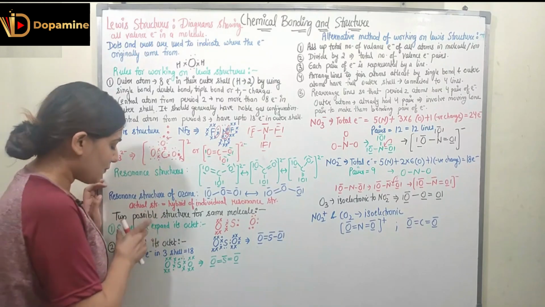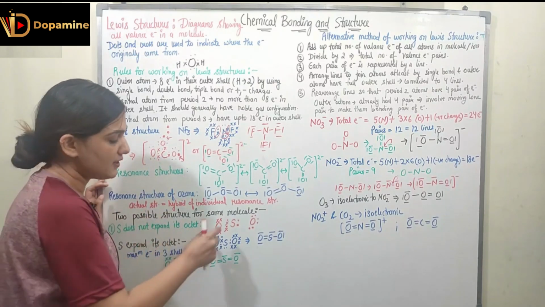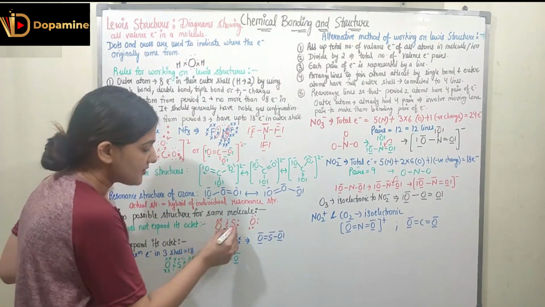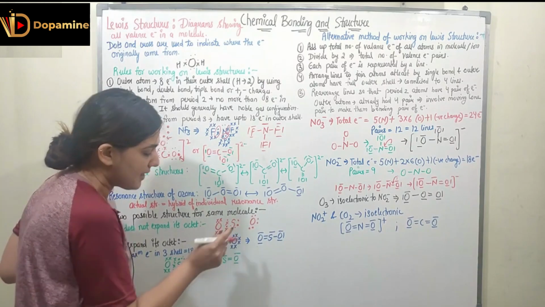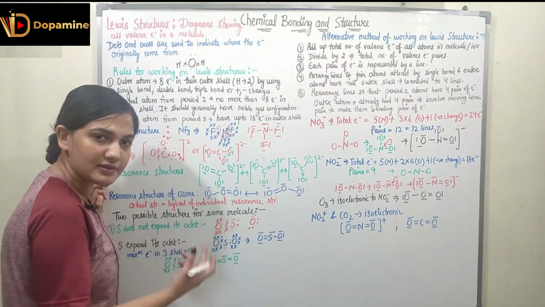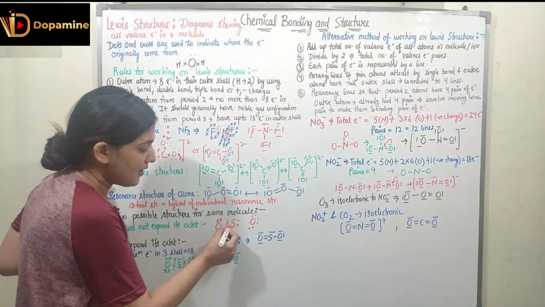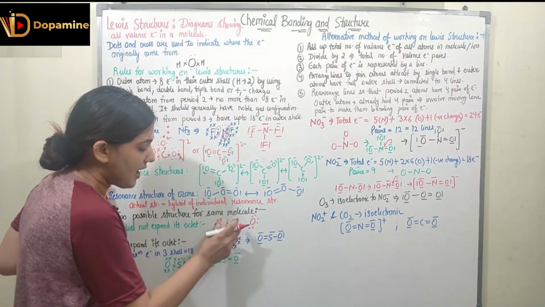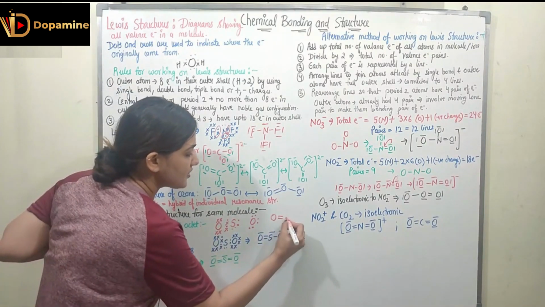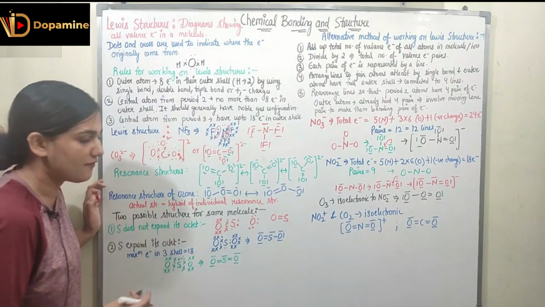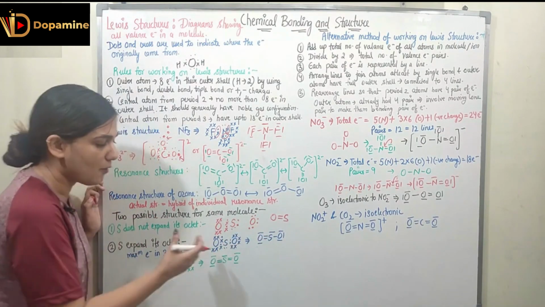When sulfur is not expanding its octet, it can react with the oxygen. Sulfur has 6 valence electrons and oxygen also has 6 valence electrons. So we can make a double bond between one oxygen and the sulfur, and the other oxygen is not bonded with the sulfur.